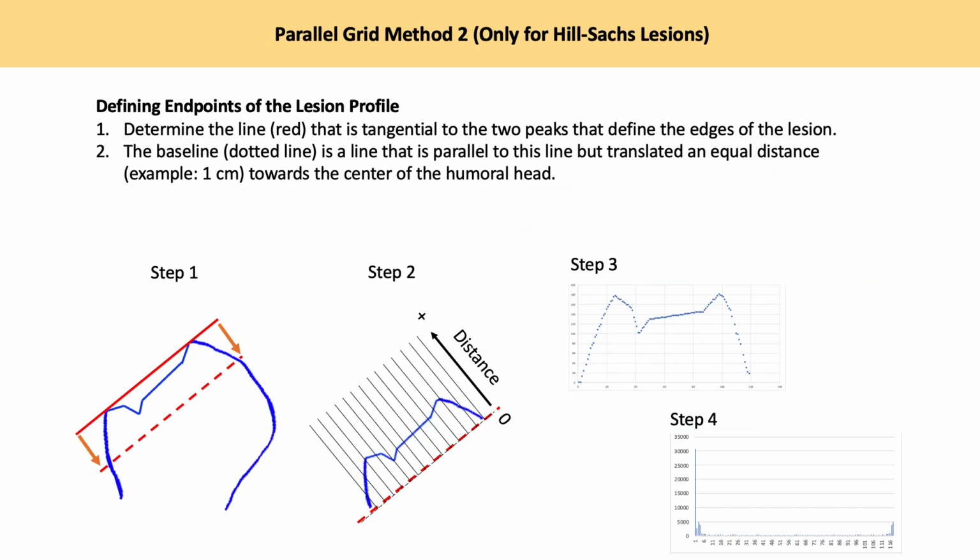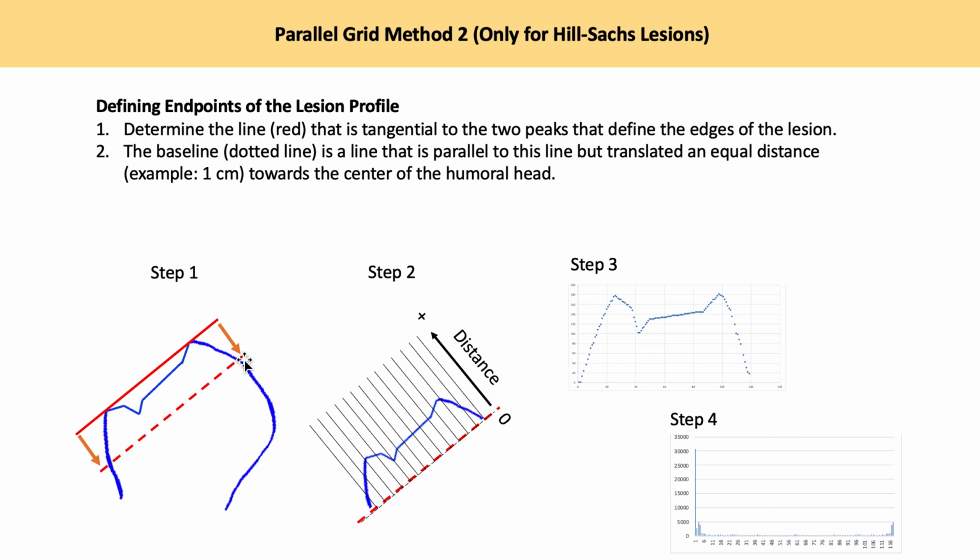So I created a new system to objectively measure Hill-Sachs lesions in this manner. First, you find the line that intersects the 2 peaks that define the edge of the lesion. You then, in every patient, move this line the same distance, say 1 centimeter, towards the middle of the humeral head.